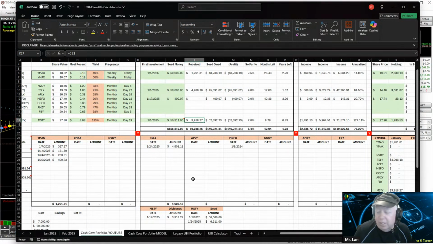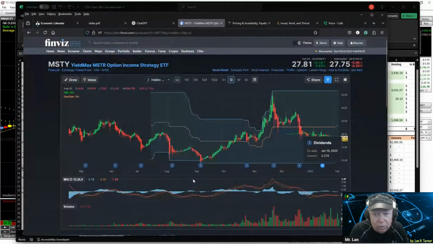And how much will it be? Should we do a quick calculation to see how much it's going to be? If we get the same dividend, those change on these markets. So we got how many shares? 1,936.53 shares. And we're going to go times 2.27, this is Misty.